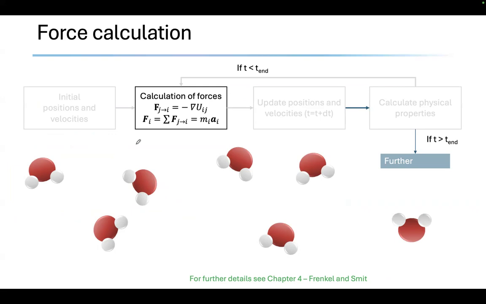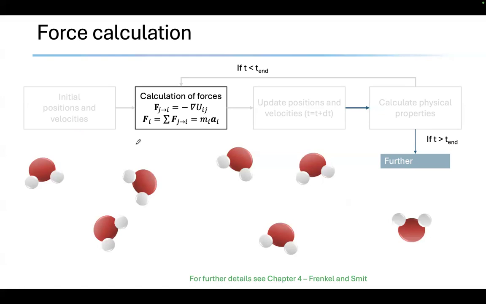All right, firstly, the important thing is the calculation of forces. Once you have initialized the velocities and positions of the molecules, you want to calculate the forces because, as I said, in molecular simulations you solve Newton's equations of motion for each of the molecules within the box, and you then want to integrate the equations of motion.